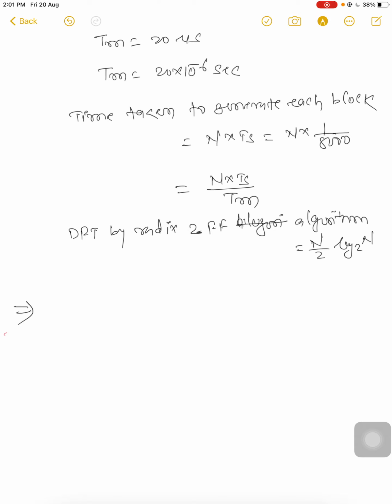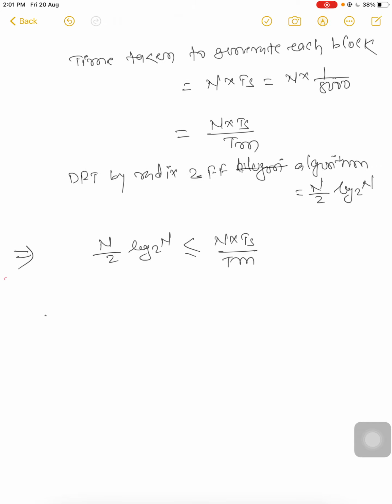Okay, so in comparison, the number of multiplications required by FFT should be less than the number of multiplications that can be performed by the processor in the time taken for each block. So N by 2 log base 2 of N is less than N into Ts upon Tm.